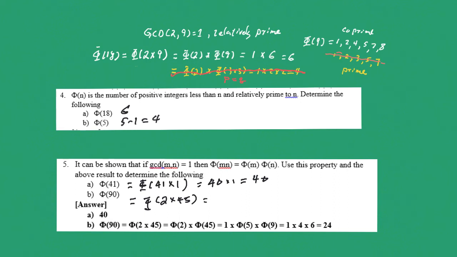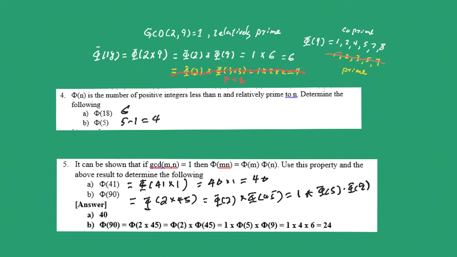So therefore, you can do the totient of 2 and the totient of 45. The totient of 2 gives you 1, and further 45 is the totient of 5 times the totient of 9.